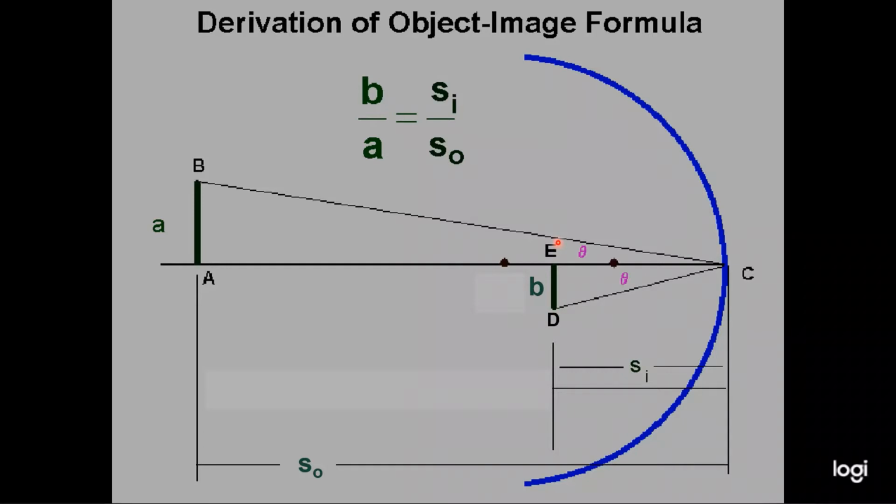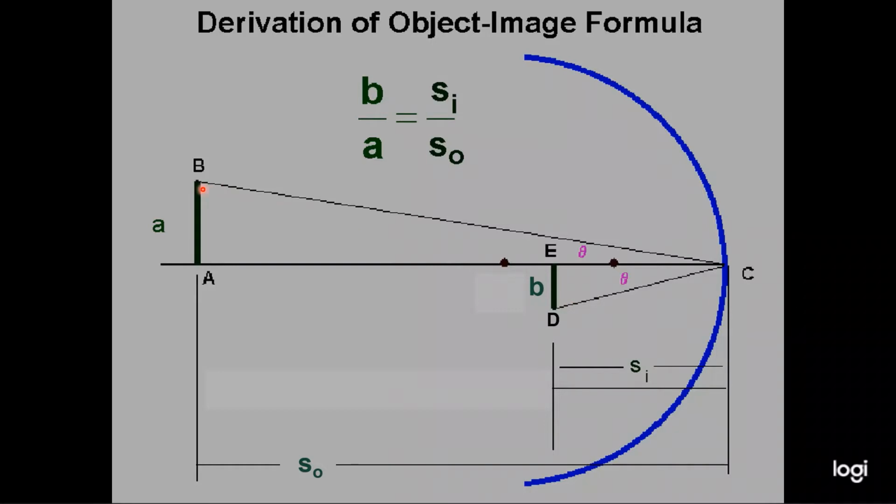Because of the law of reflection, this angle here and this angle here have to be equal. Now we have two right triangles here. This is a 90-degree angle, this is a 90-degree angle, and then we have these two angles in common. Since the sum of the angles in a triangle always adds up to 180, the third angle in this triangle and this triangle have to be the same.